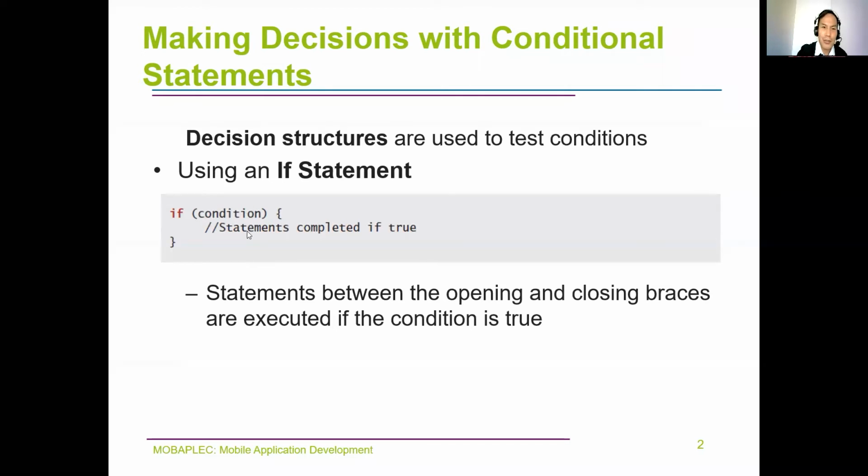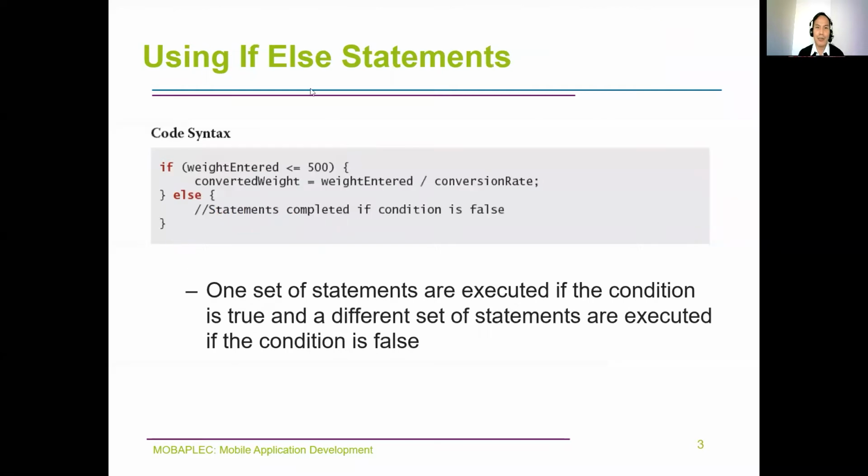Now we have the second slide. Another example is the if-else statement, with its code syntax. This is actually the continuation of the discussion that we had last week, the conversion. If the weight entered is less than or equal to 500, begin statement. What we're going to do is convert the weight.